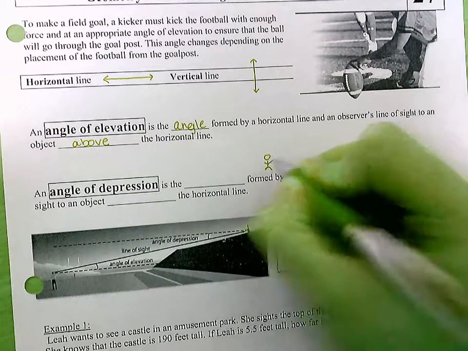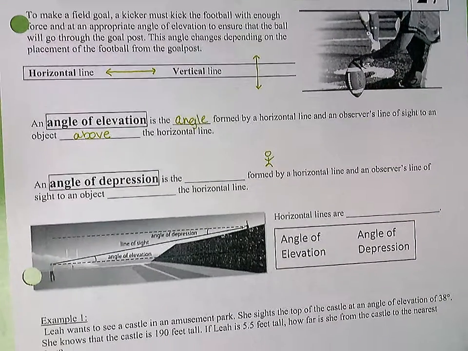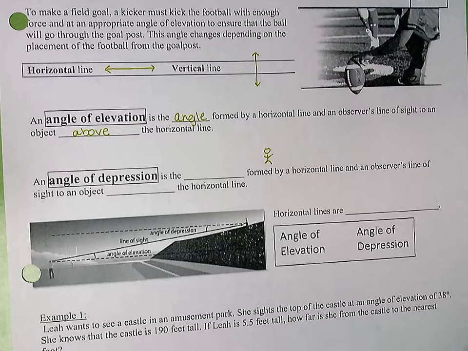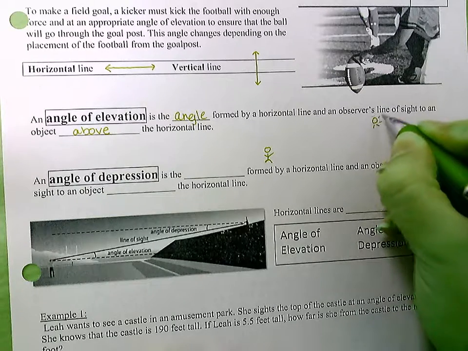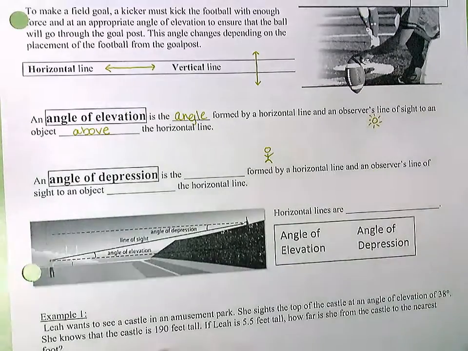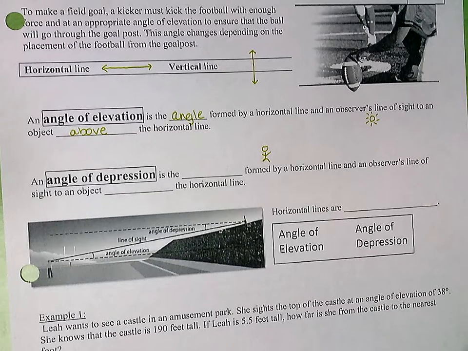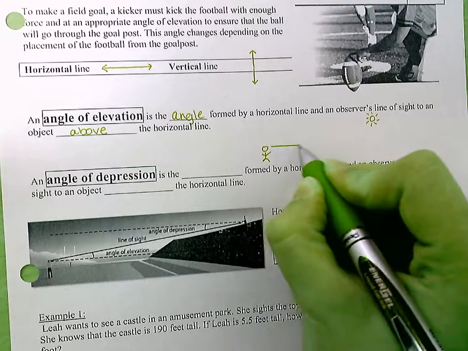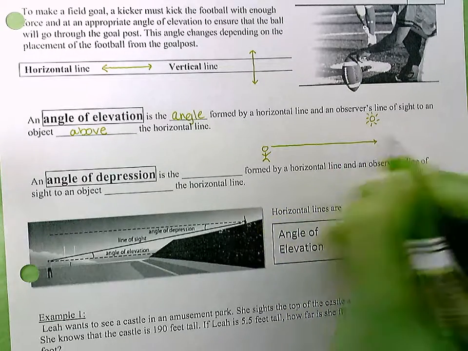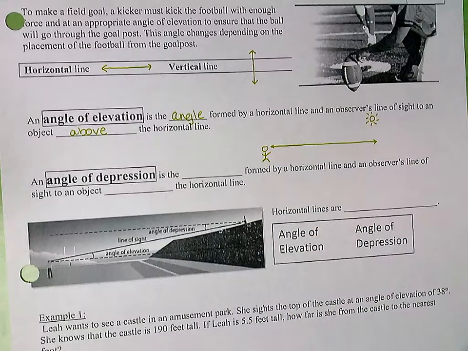I have a person, and I know you're not supposed to look at the sun, but we're going to have the person looking at the sun. It's an object above that person's line of sight. The horizontal comes straight off of that person's line of sight, where their eyes would be.